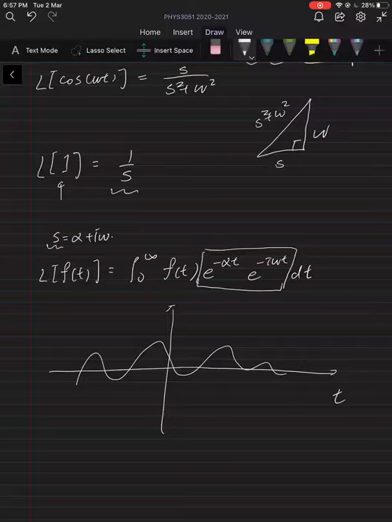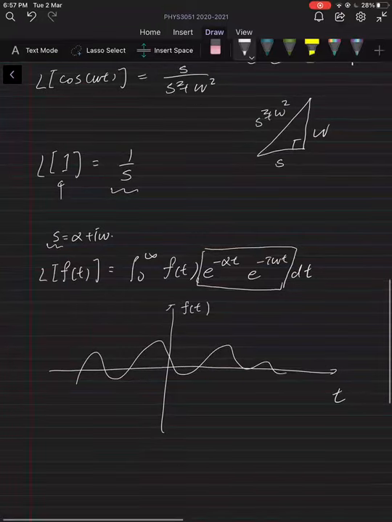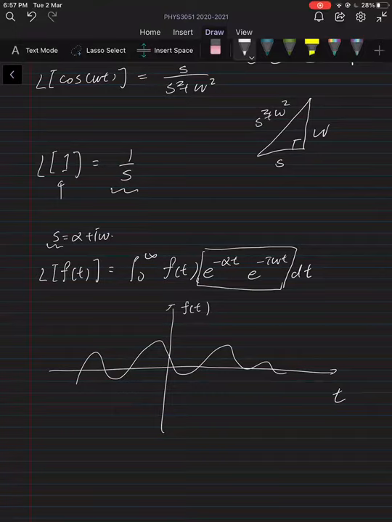So this is t, this is f of t. Then you use a function e to the power minus alpha t and e to the power minus i omega t. So here is an exponential decay, and this is the oscillation part. So what you are doing here is to try to decompose your function f of t in terms of this exponential decay and also this oscillation.